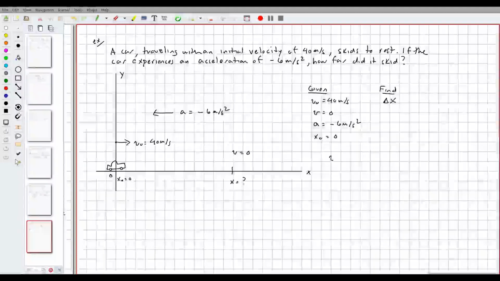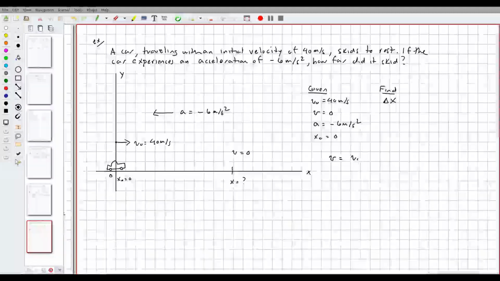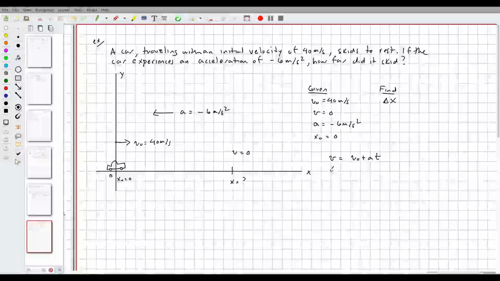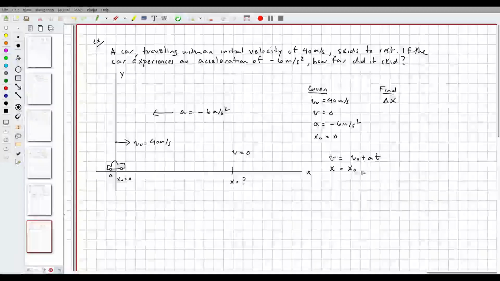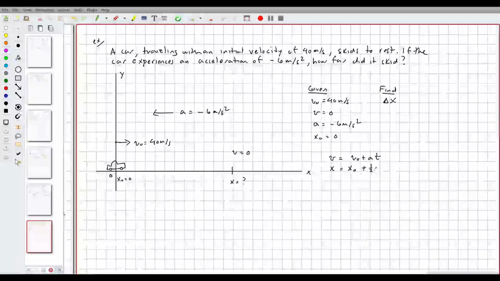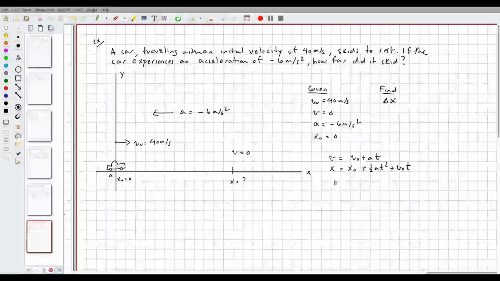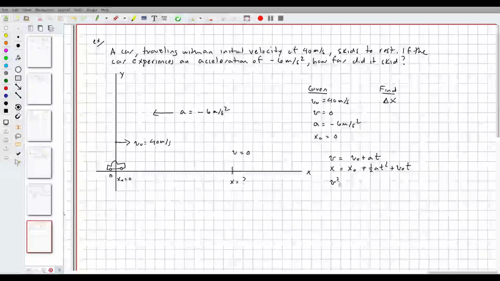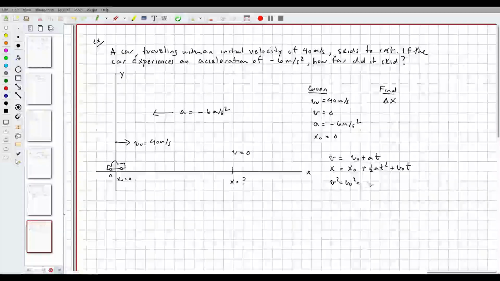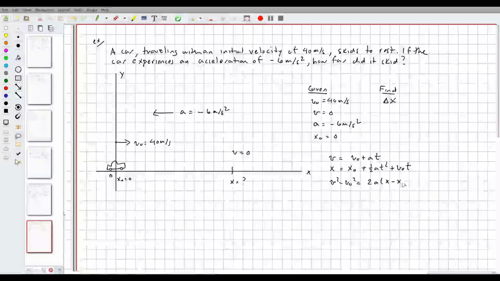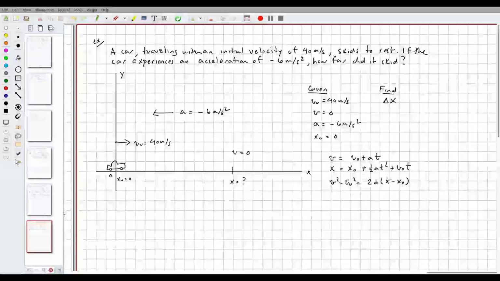So I have that V is equal to V naught plus A times T. I have that X is equal to X naught plus 1/2 AT squared plus V naught T. I also have that V squared minus V naught squared is equal to 2 times A times delta X, or X minus X naught. We'll go ahead and write it that way.